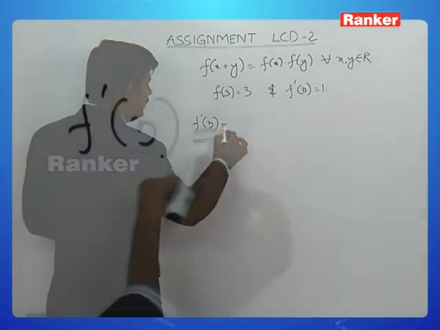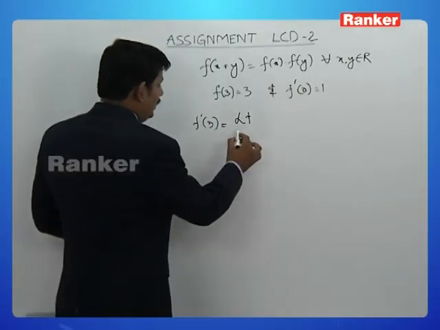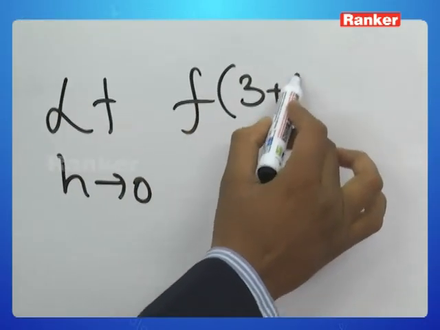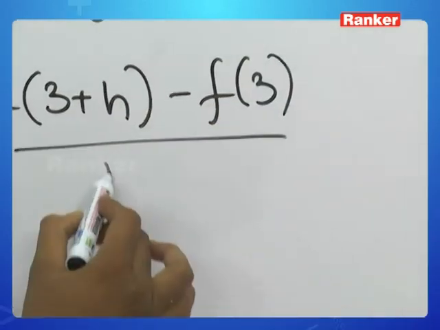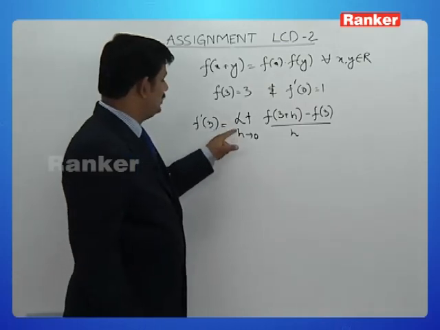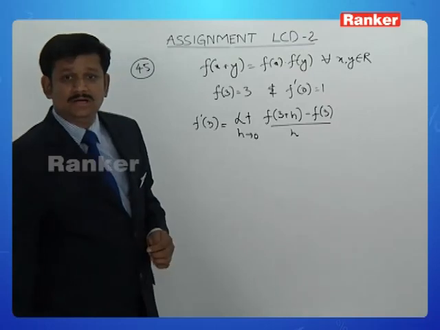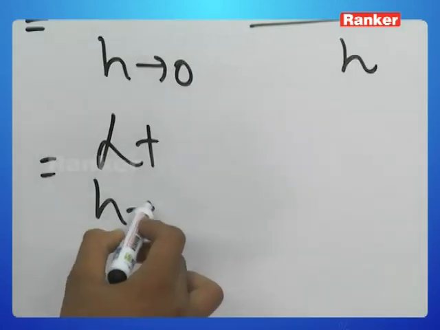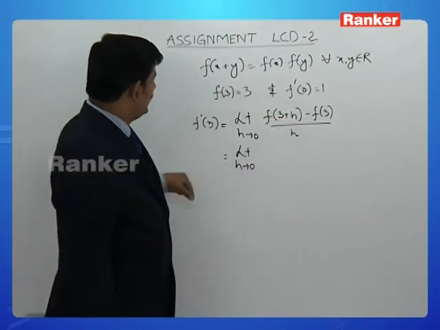F dash of 3, by definition, we know, is limit h tending to 0 f of 3 plus h minus f of 3 divided by h. F dash x, we know, is limit h tending to 0 f of x plus h minus f of x divided by h. This is limit h tending to 0 f of 3 plus h.